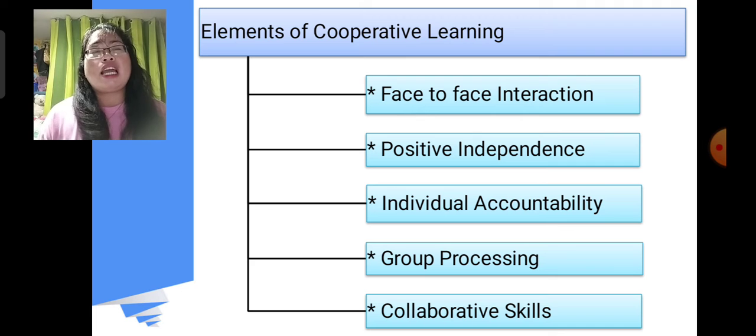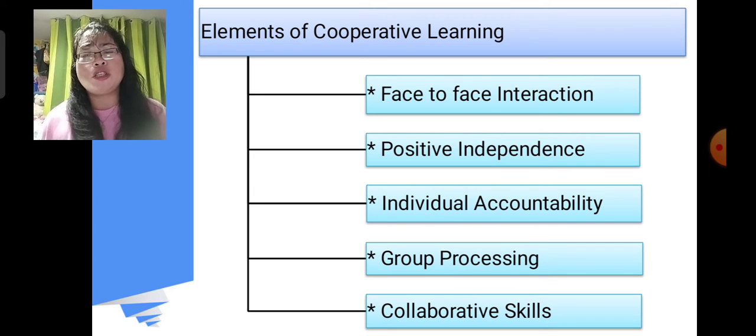The next one is individual accountability. Each student is accountable for their own contribution to the group. Clearly described goals ensure that each student knows what she is responsible for and what the group is responsible for.